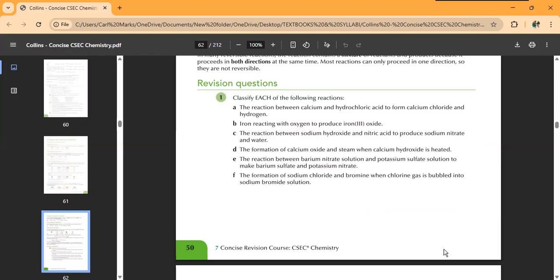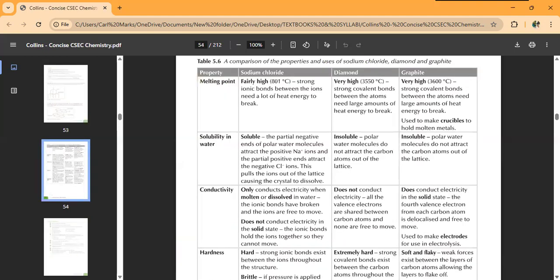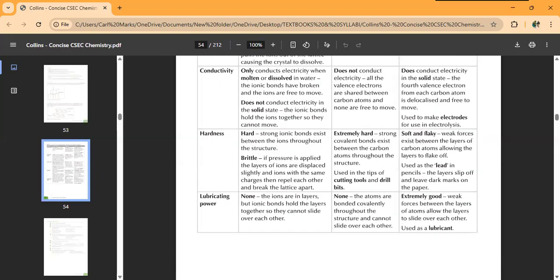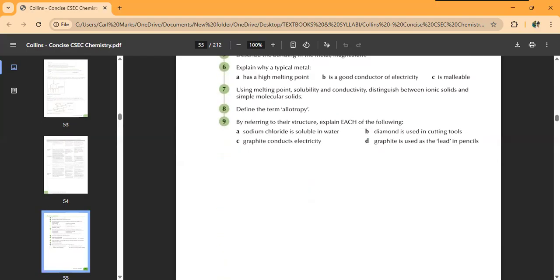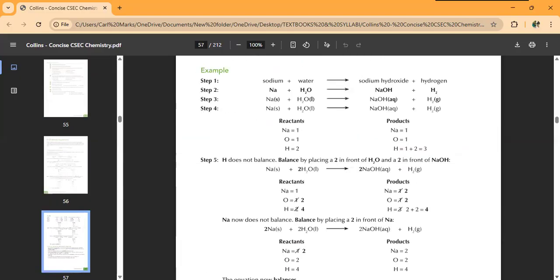A says the reaction between calcium and hydrochloric acid to form calcium chloride and hydrogen. You said you didn't get to look at the previous notes on the other reactions. In the first example, we have a metal reacting with an acid.